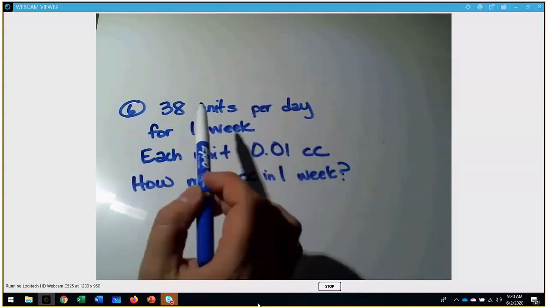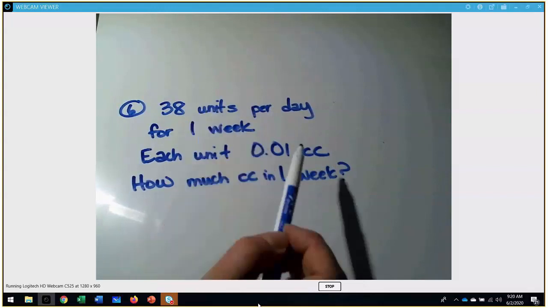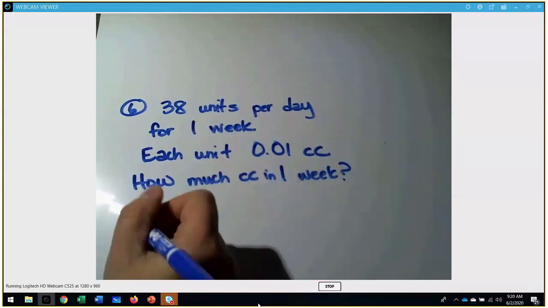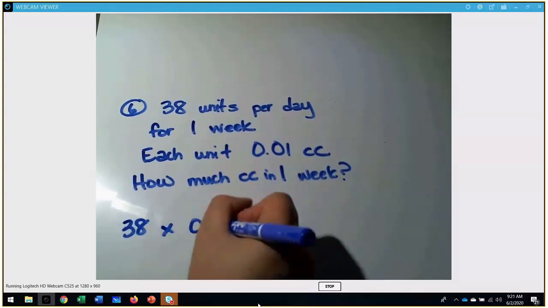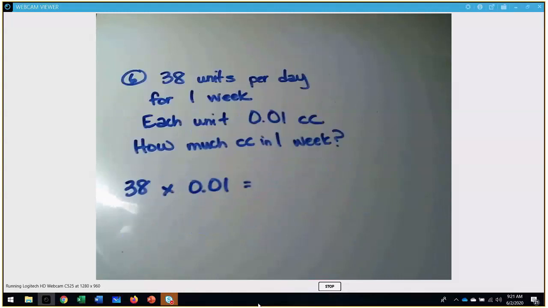We need to change this from units to cubic centimeters. Okay, that's my first step.